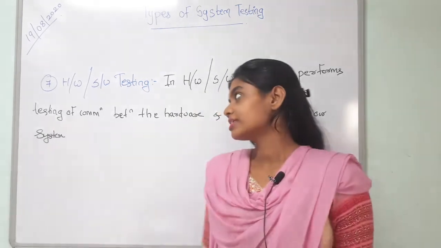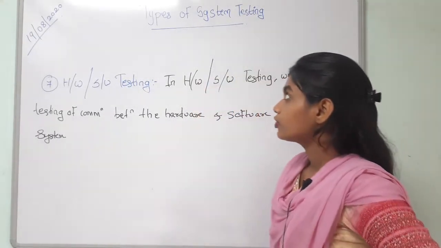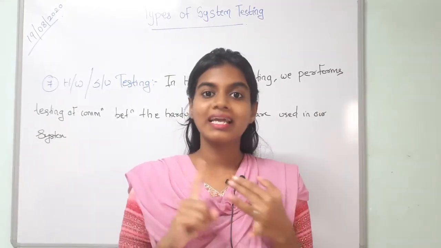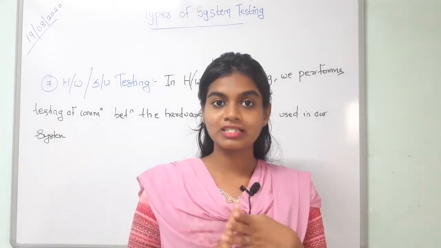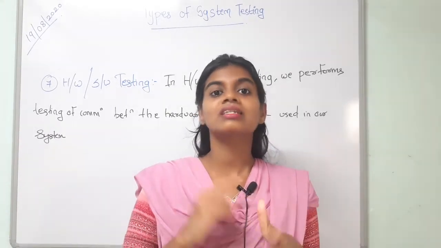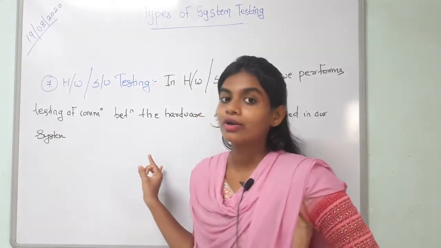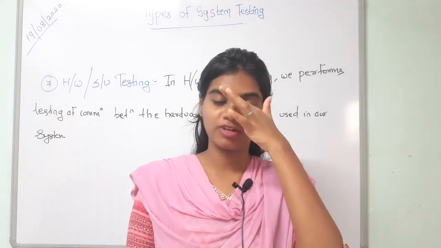So these are the types of system testing. Now I have told you the 7 types of system testing. First is usability testing, second is load testing, third is regression testing, fourth is recovery testing, fifth is migration testing, sixth is functional testing, and seventh is hardware or software testing. Migration testing and the others are non-functional types of testing.